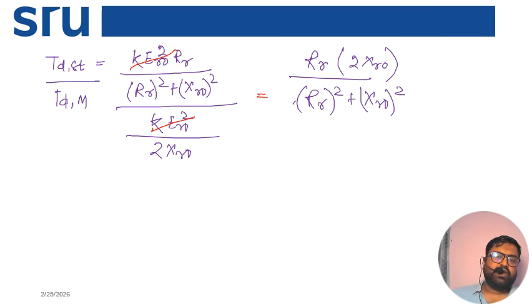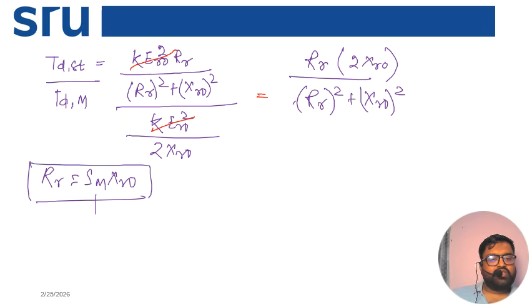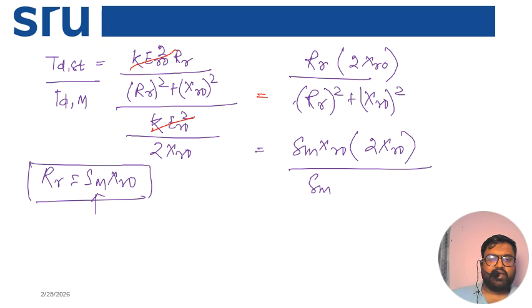Now in place of this RR, we have to keep SM into XR0, since this is the maximum slip and my reactance. Then in this form, SM into XR0 gives 2 into XR0 divided by SM XR0 whole square plus XR0 square.